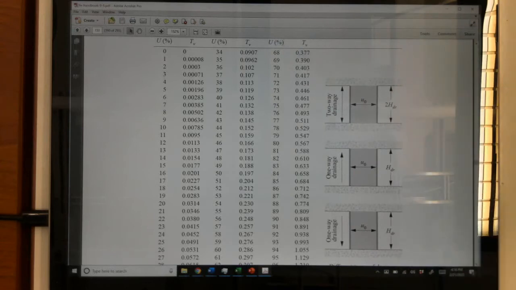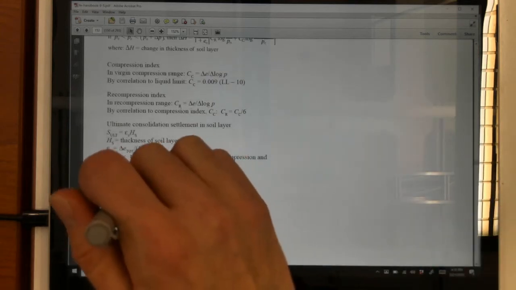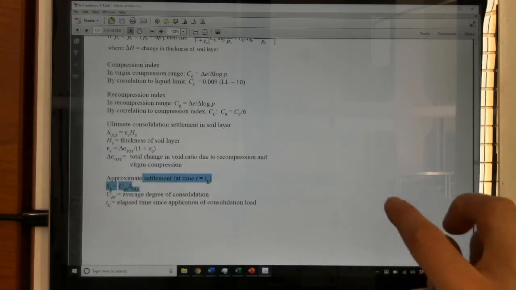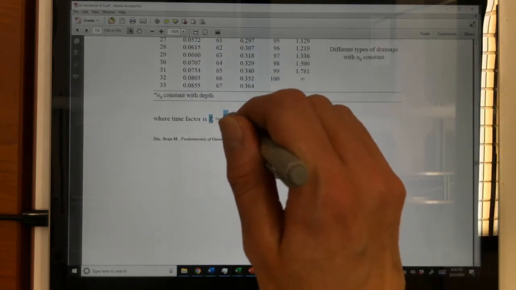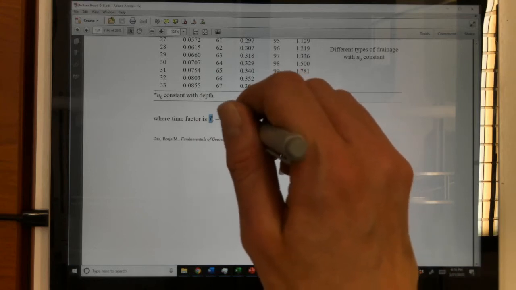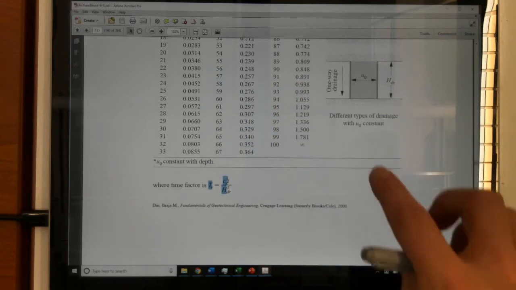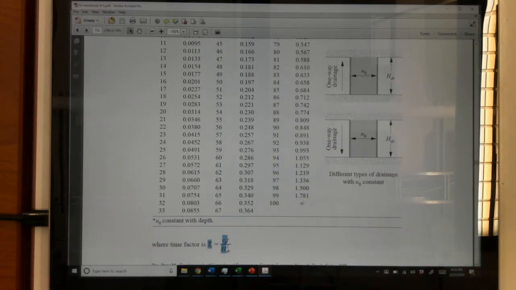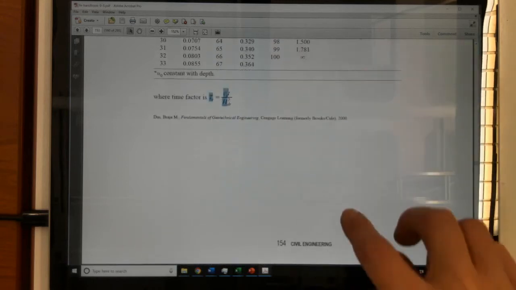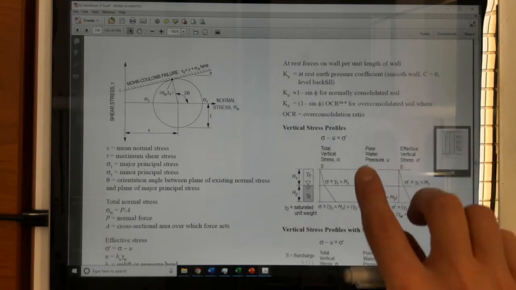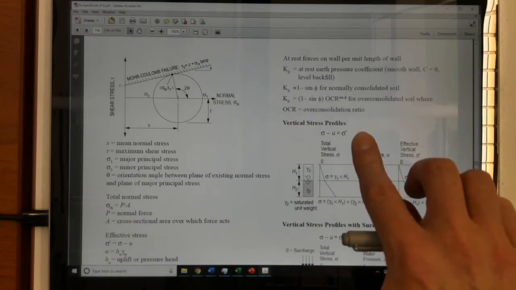That percentage of consolidation then would be what you are multiplying by your ultimate amount to find it at a particular time. So I have an example like that, but I think recognizing that this time factor equation is critically important, and then if you're being faced with a question that says how much of this ultimate amount at this time, then you know to move towards these kinds of references.